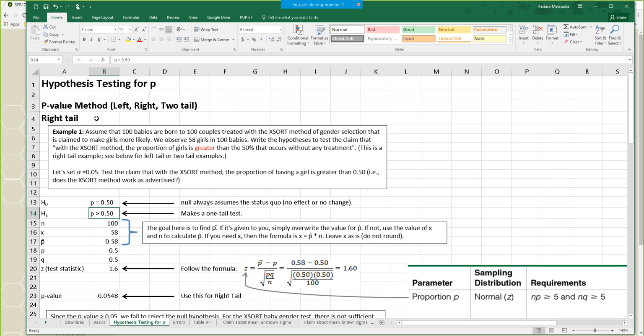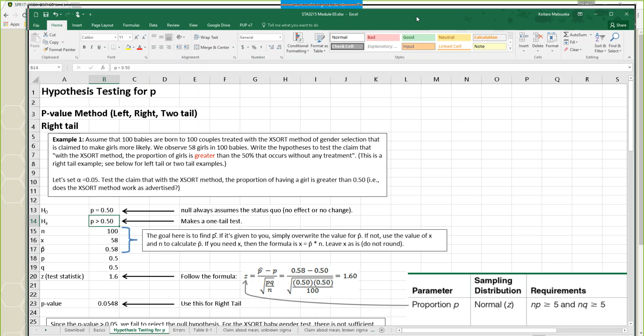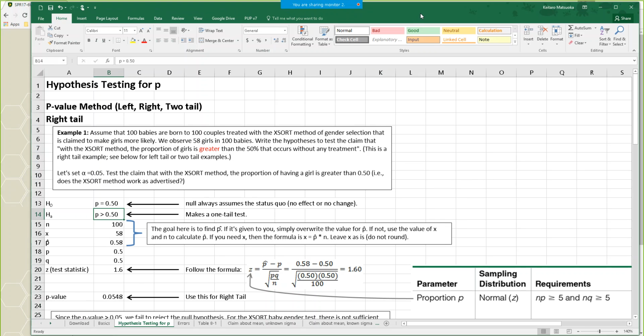So for you to use this spreadsheet, here's something to keep in mind. This Module 3 spreadsheet will do hypothesis testing for proportion, the mean, and the standard deviation. So the claim about the proportion, the mean, the standard deviation, it's all covered in this spreadsheet.